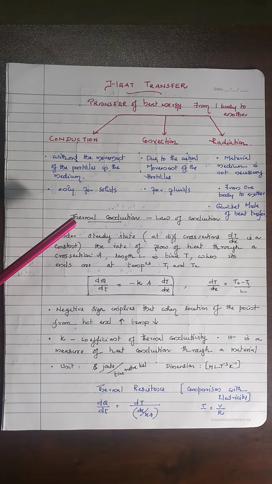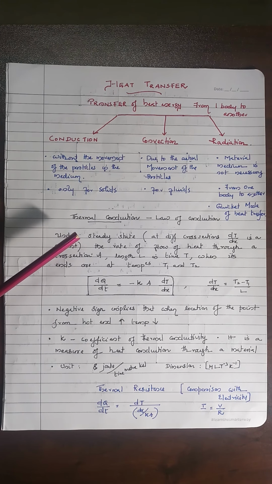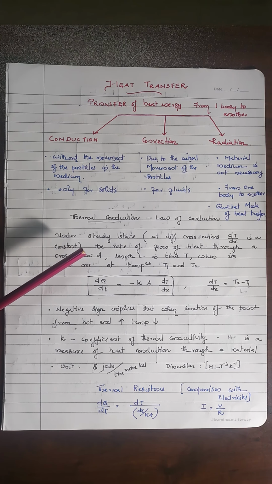At first, we can go through the thermal conduction principle, the law of conduction. Under steady state, and keep in mind the steady state means at that condition, if we take different cross sections with a separation, the change in temperature with the separation is a constant.